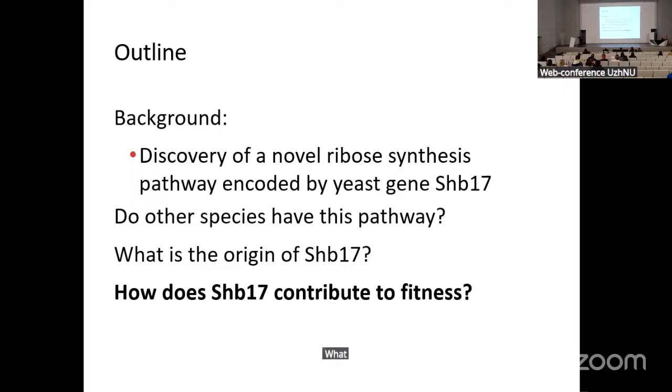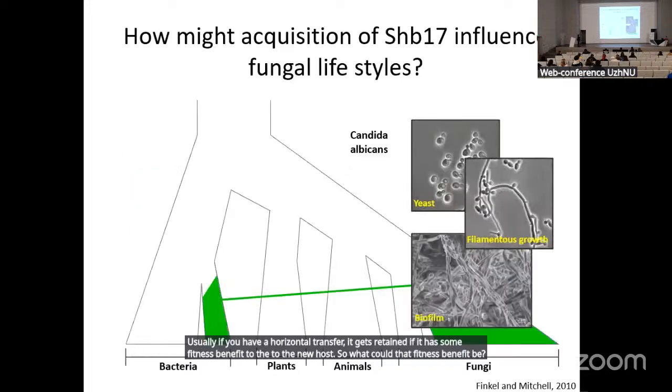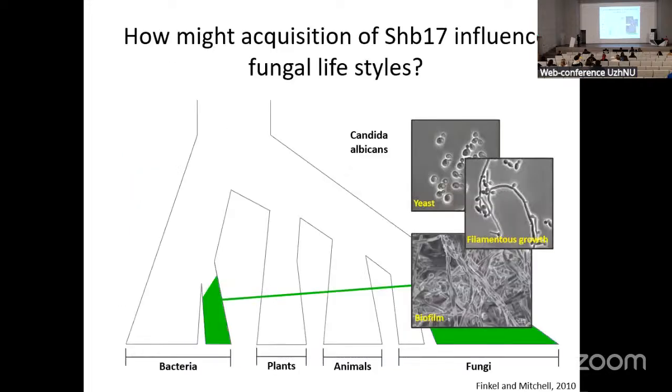Usually if you have a horizontal transfer, it gets retained if it has some fitness benefit to the new host. So what could that fitness benefit be? This illustrates various fungal lifestyles.